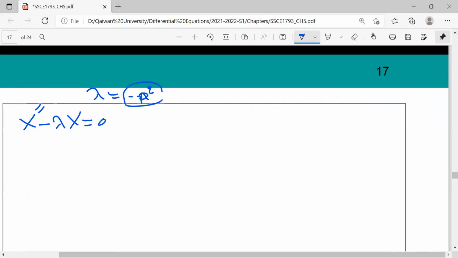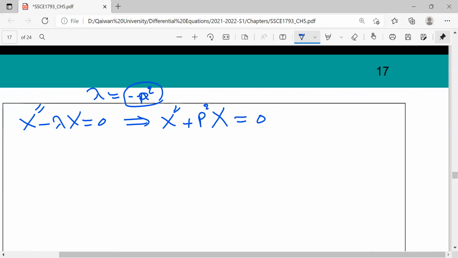We have this case. If we replace lambda by negative p squared, we get X double prime plus p squared X equals 0. It becomes positive because negative times negative is positive. And then we solve this also.